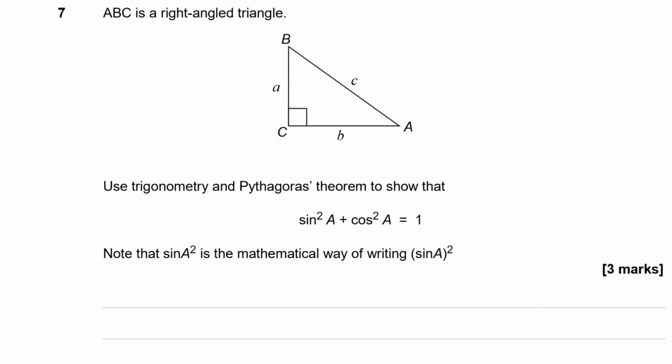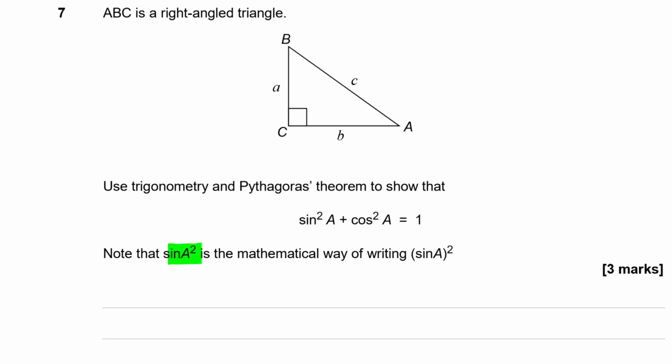Question 7. ABC is a right angled triangle. Use trigonometry and Pythagoras theorem to show that sine squared A plus cos squared A equals 1. Actually, they've written the note wrong.